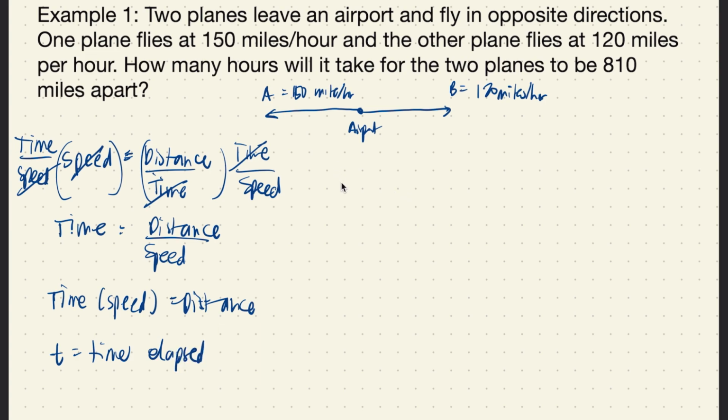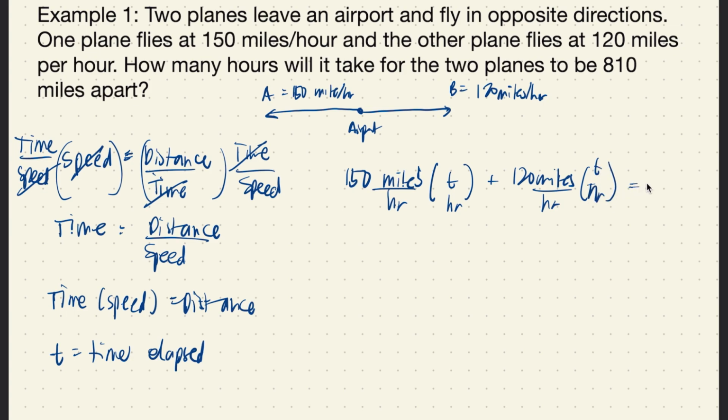So we will multiply the speed of A, 150 miles per hour, times the time elapsed t in hours, plus 120 miles per hour times t hours. We need to look at what will be the time required to reach 810 miles apart.